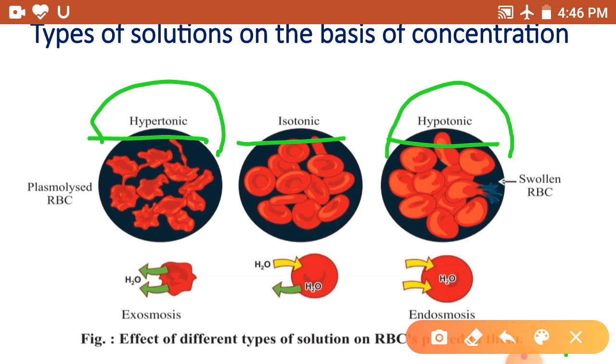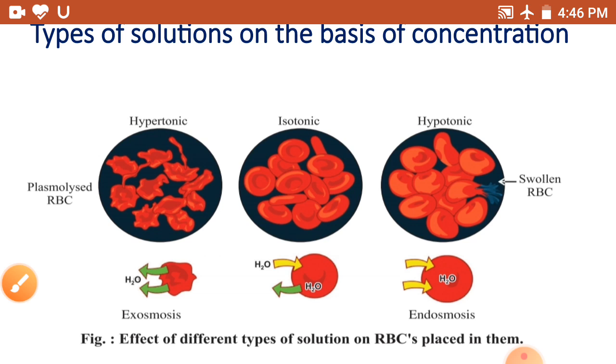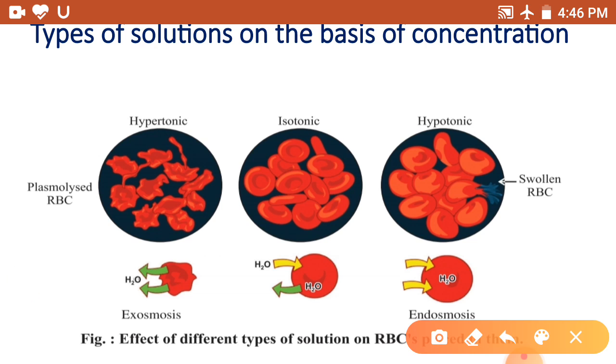Hypertonic solution means when the concentration of the solution is higher outside of the cell. These red colors show the cells and this is the outside of the cell. Black color shows outside of the cells.